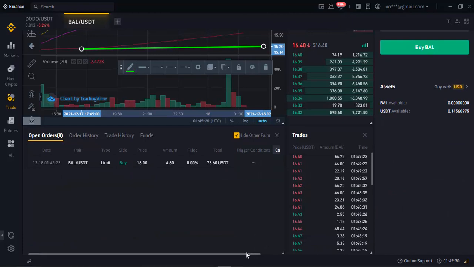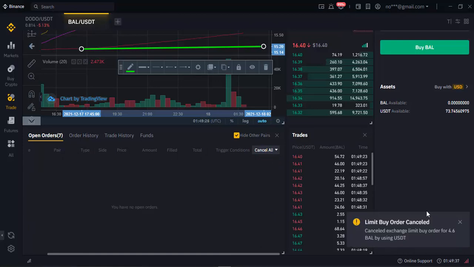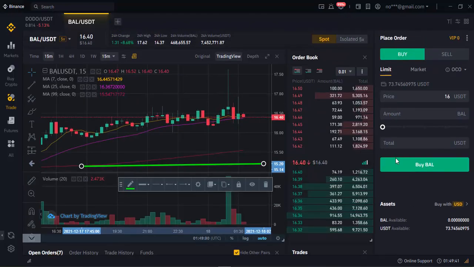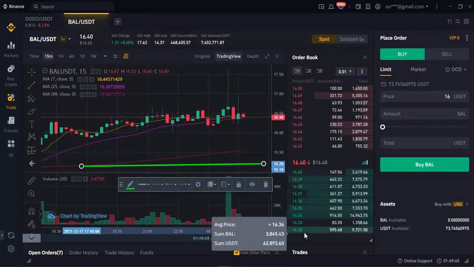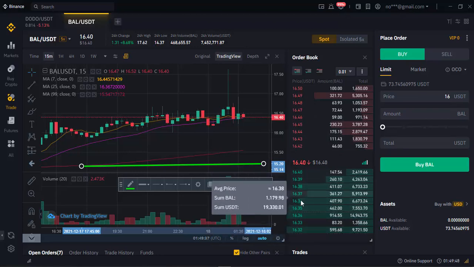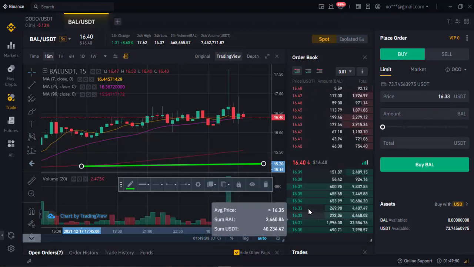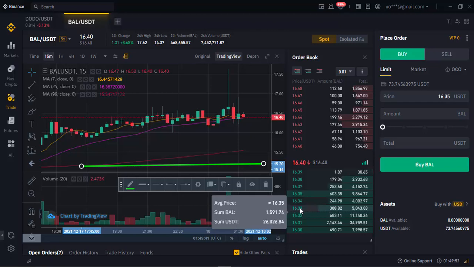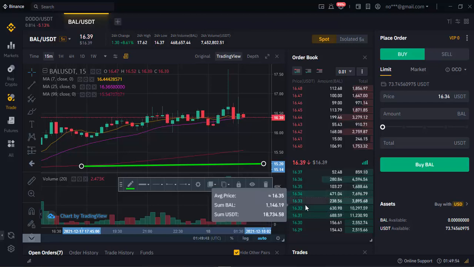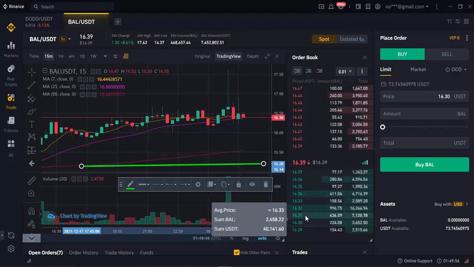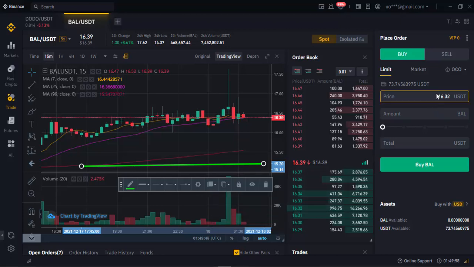Alright, so scroll down and then click cancel. I've already cancelled it, and this is buy limit. So what we are going to do is look at this. Any price you want to take on the buy order book, you click on it and it gets filled automatically in the price field.